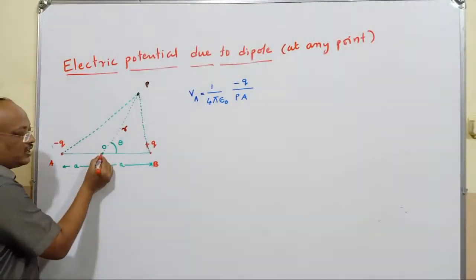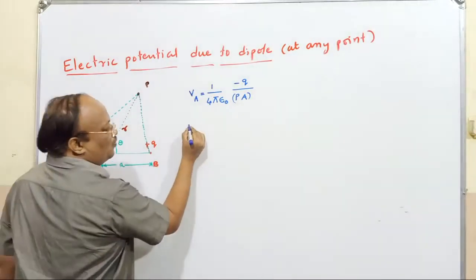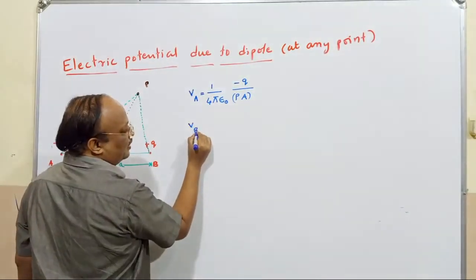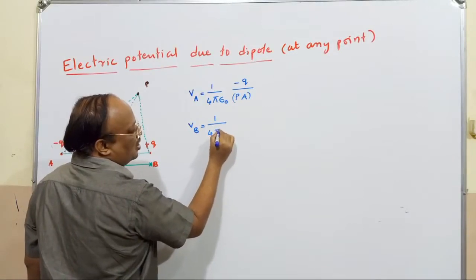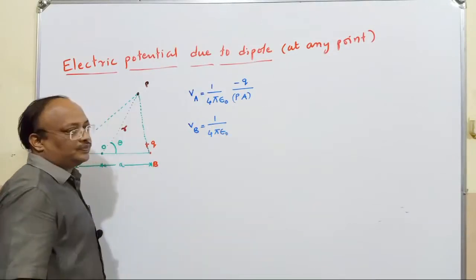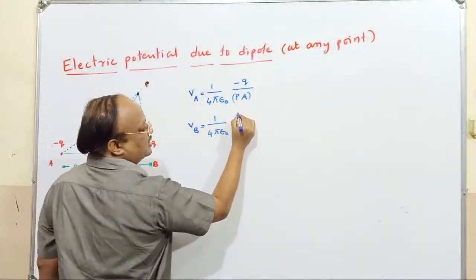From the center O, what is the length of these? V_B is equal to 1 by 4 pi epsilon naught, and this is plus q.